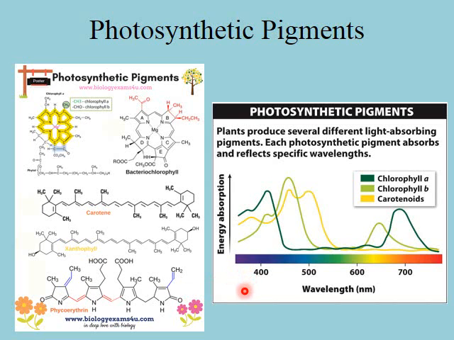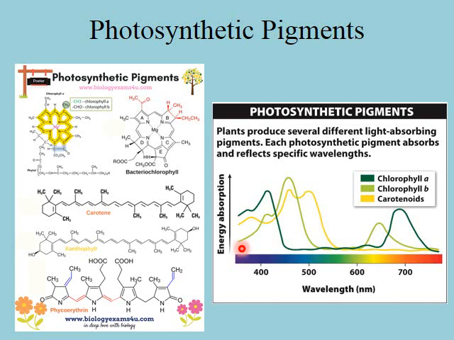Some of these pigments will be able to travel further than others. And so you're going to be able to see them in distinct lines of chlorophyll A, chlorophyll B, xanthophyll, carotenoids. And so then you can tell which of these pigments are actually found in particular plants.